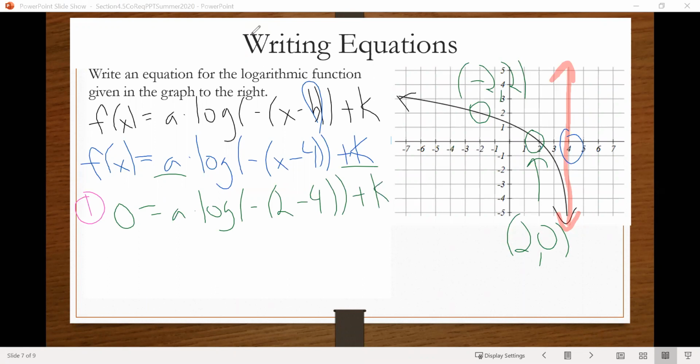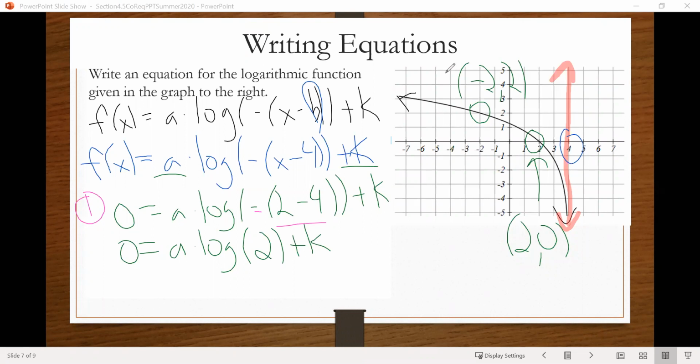We can do some simplifying here. This would be 0 equals a times log of negative 2 minus 4. Inside the parentheses, that gives us negative 2, but then we have the minus sign on the outside, so that's minus minus 2, which should just be positive 2, plus k.